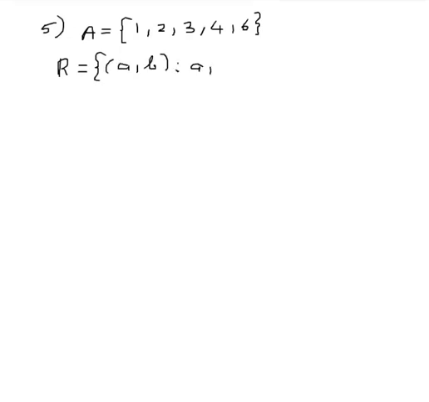Question number 5. Let set A be 1, 2, 3, 4 and 6. 5 is missing here. Let R be the relation on A defined by set of all a comma b such that a comma b belong to the set A, b is exactly divisible by a.